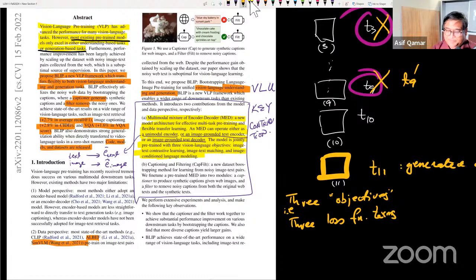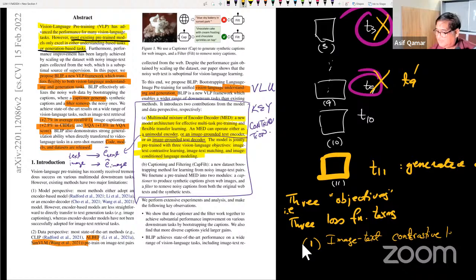First one is image text contrastive learning. Have we ever encountered image text contrastive learning?